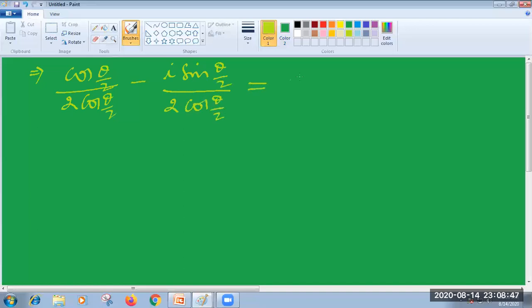So this is 1 by 2 minus I tan theta by 2 by 2.